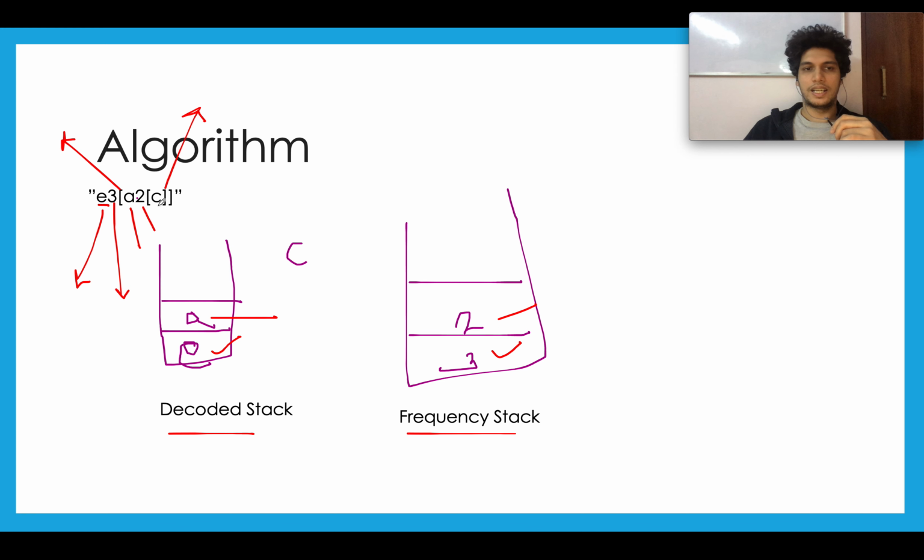You move ahead along the string, and then you see a new letter, and you store it in the variable. As soon as you see a closing bracket, what you're going to do is pop the value from this stack and pop the value from this stack, and append to this string k times whatever string value you have cached so far.